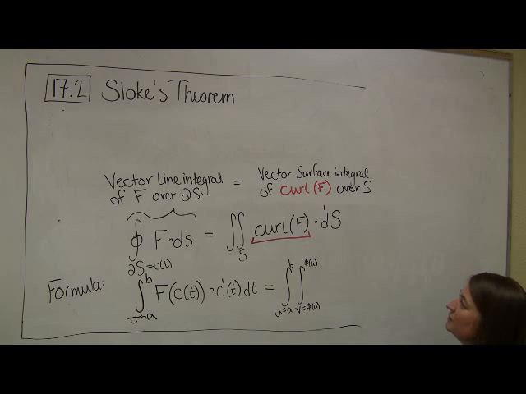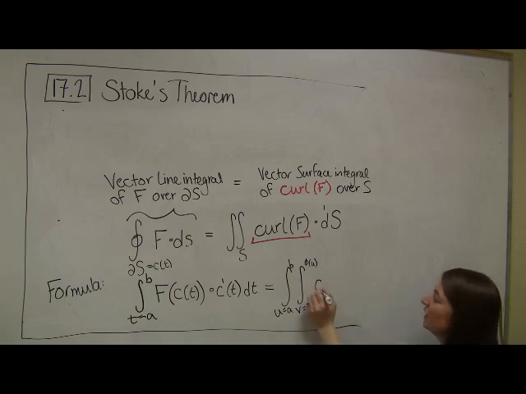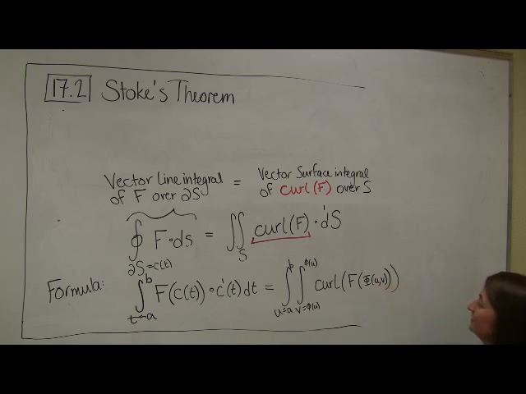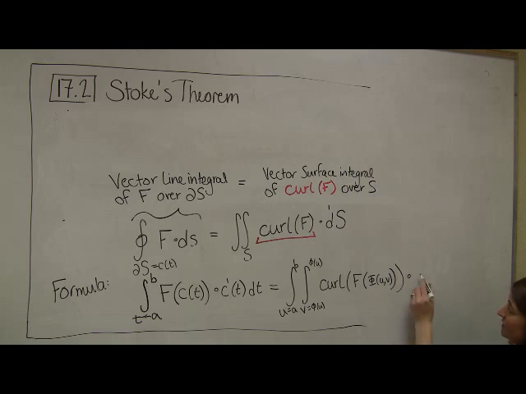But it's going to be the curl of F of, careful, phi of u, v, parameterization of our surface, dotted with our normal vector of u, v, dv du. I think that's all on camera.